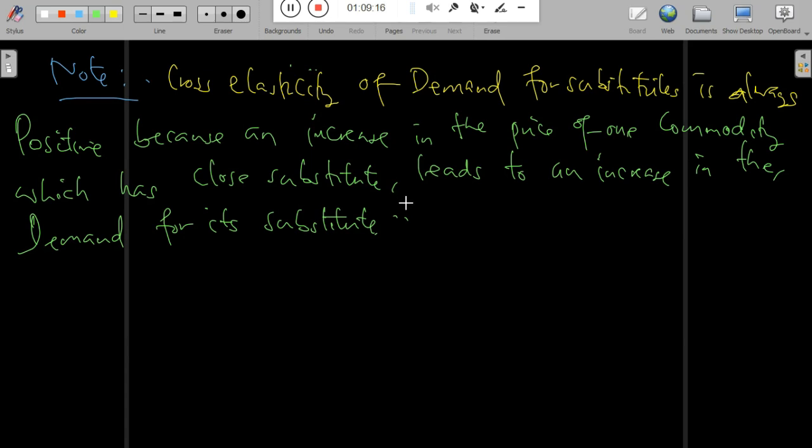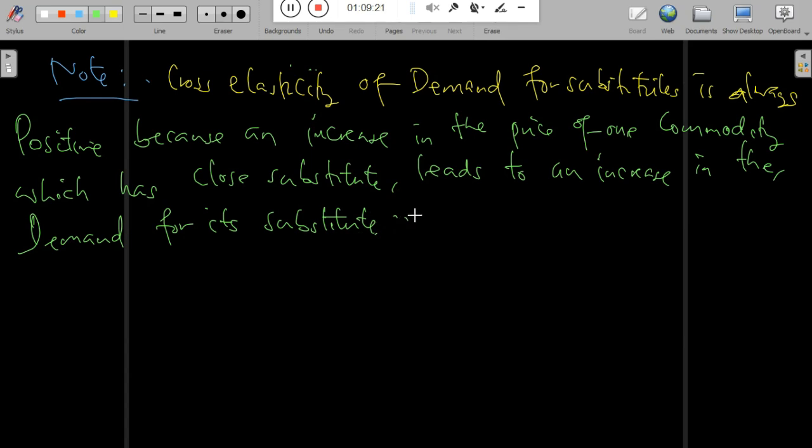So in our example above, an increase in the price of tea led to an increase in the demand for coffee, because consumers tend to substitute one commodity with another when the price of one of the substitutes changes. However, the cross elasticity of demand for complements like sugar and tea leaves is negative, because a change in the price of one of the complements results in an opposite change in the quantity demanded of its complement.